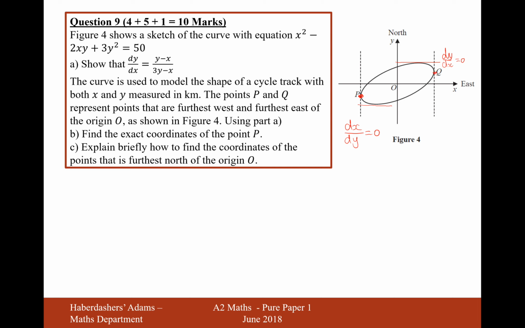So, for part B, I'm going to take dy by dx, which is y minus x over 3y minus x, and find dx by dy. Now what I can do here is basically just flip it upside down.